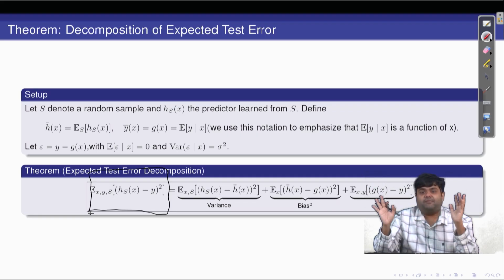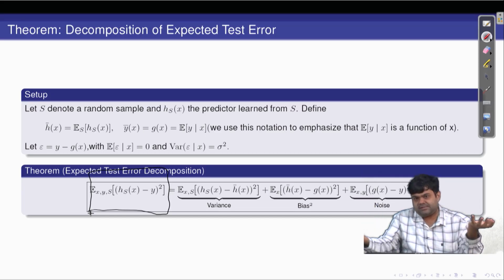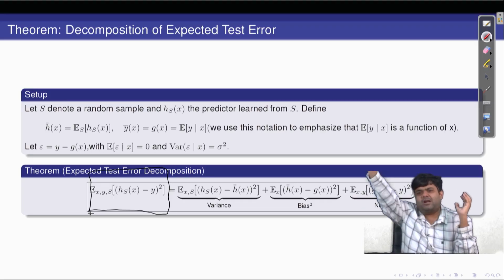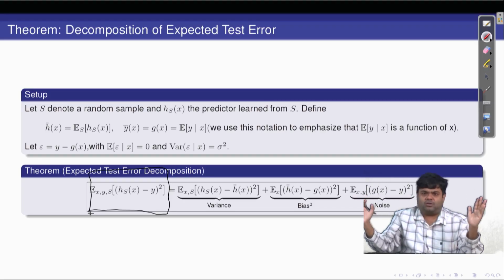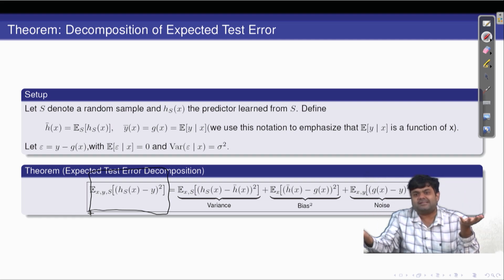So, let me rephrase it. This error is less means what? What does it mean to say the average of a certain thing is less? It means there may be a few big outliers, but most of the points have less value, which leads to the average being less.